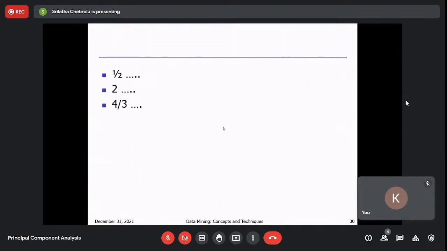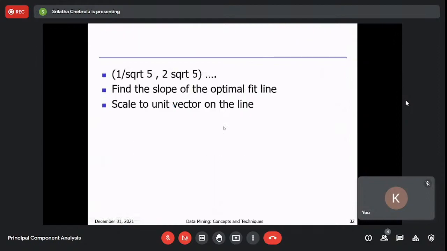That is the eigenvalue, and these are the eigenvectors. And what is the principal component? Principal component is the transpose of the eigenvector times the feature vector. That is the principal component.